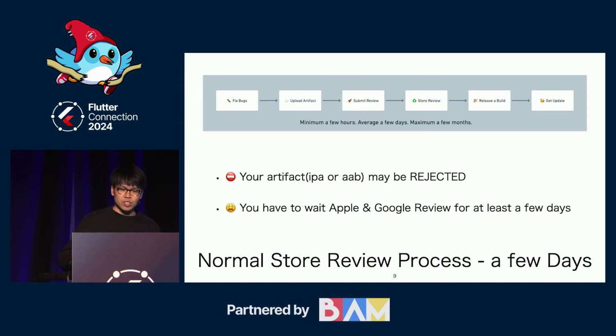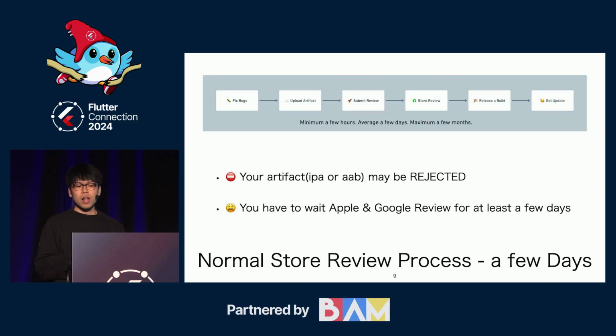Please raise your hand if you have experience submitting apps to Apple or Google. Okay, most of you have the experience. In the normal review process for fixing a bug, first you find a bug and fix it, upload the build to the Apple and Google stores, submit it for review, and wait for the store approval.